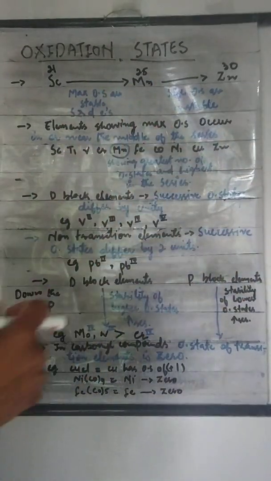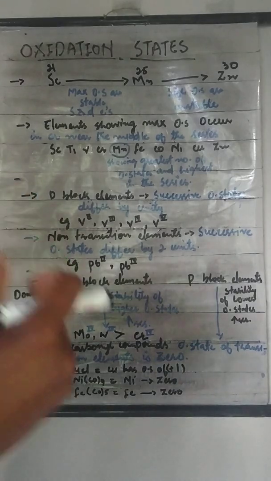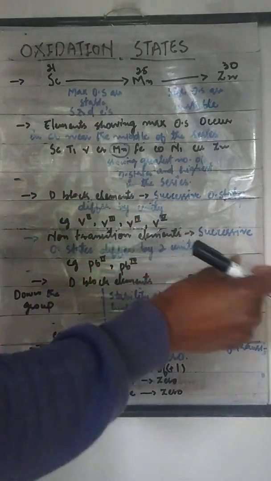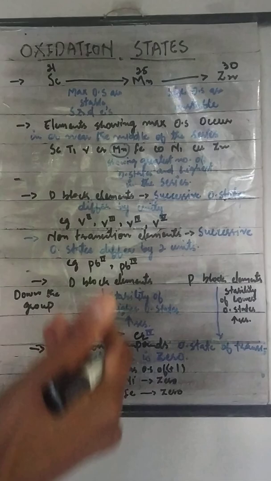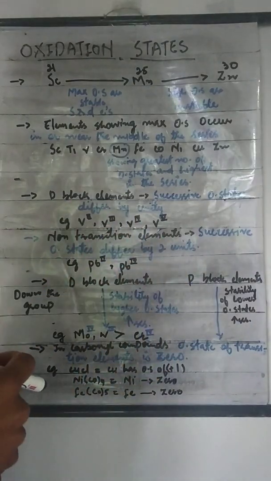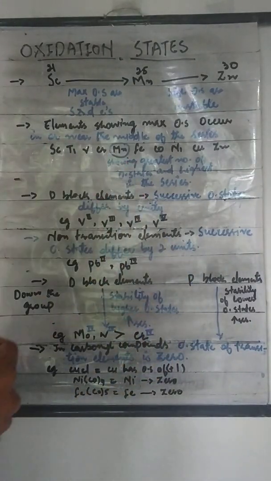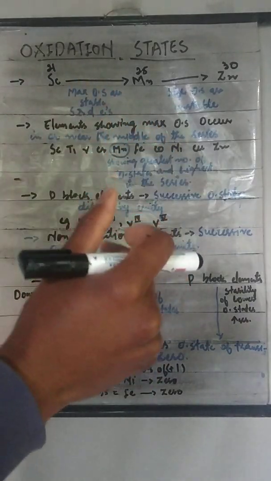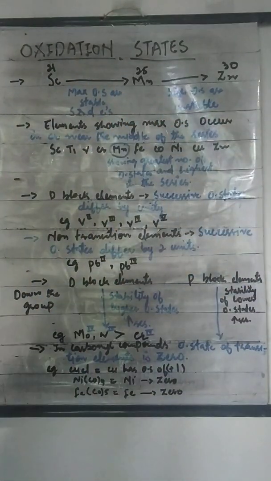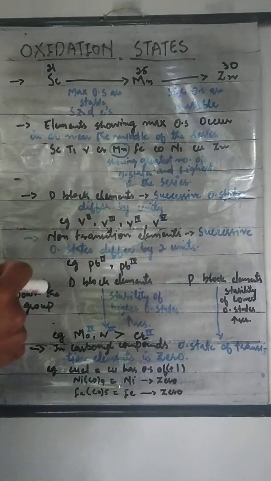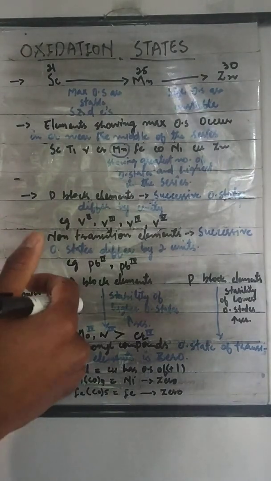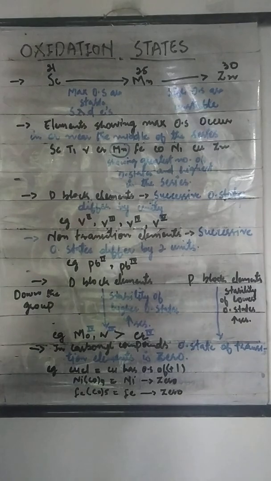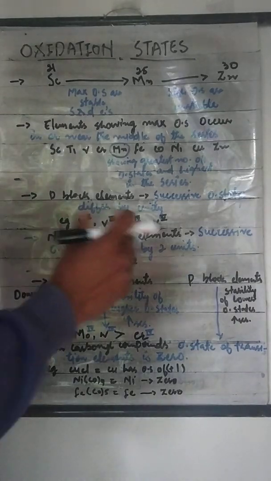And in case of 5D series, osmium, which also lies near the middle of the series, shows the greatest number of oxidation states and the highest oxidation state in 5D series as well as in all of the transition elements. The highest oxidation state of osmium is +8.